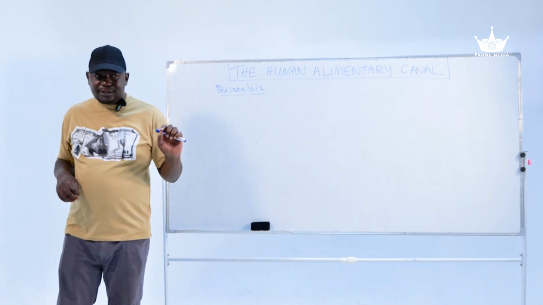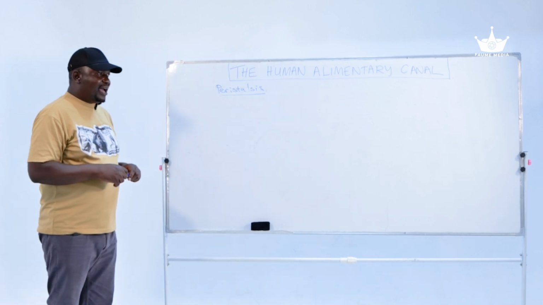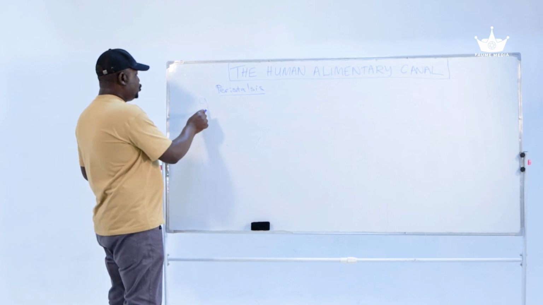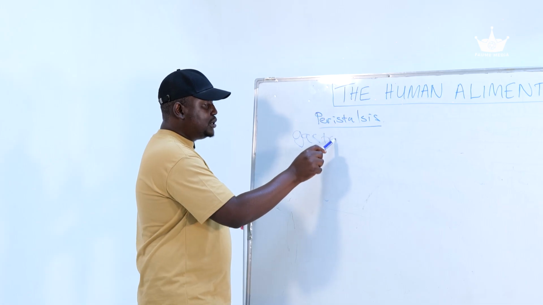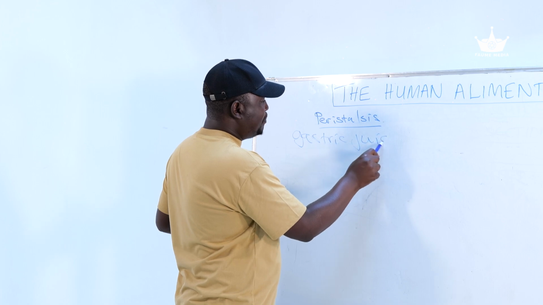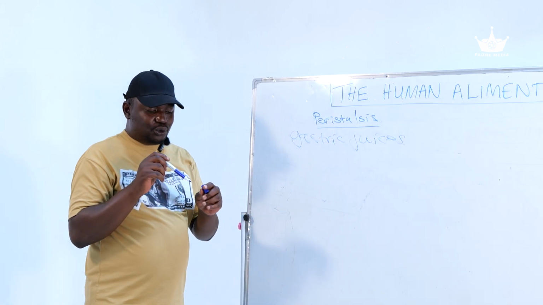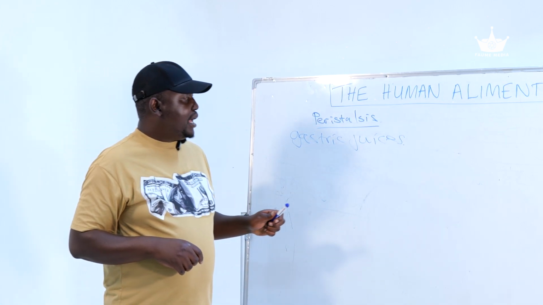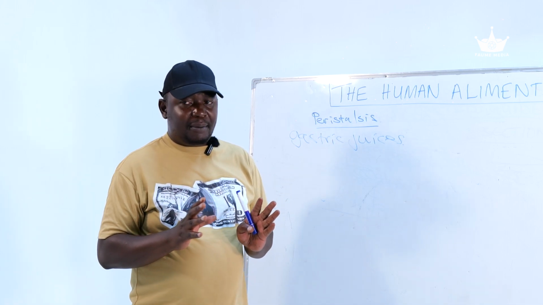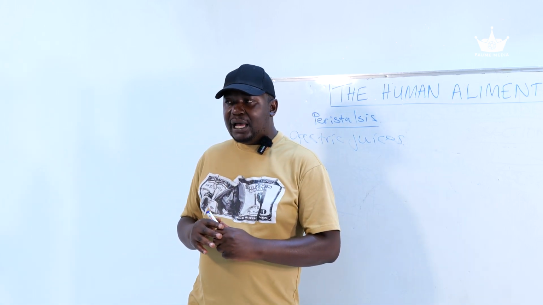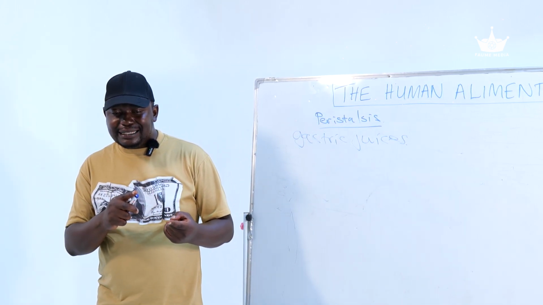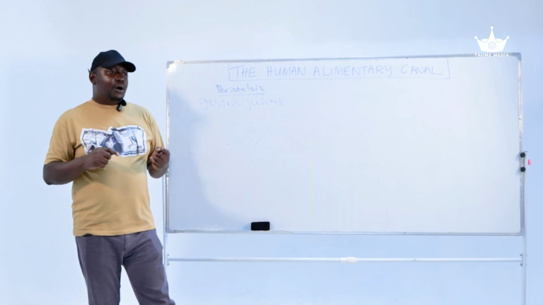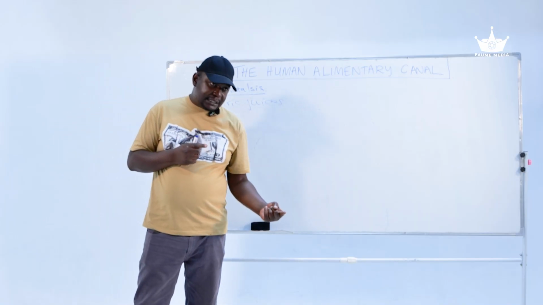So when we get into the stomach now, we have what are called gastric juices. Gastric juices are produced by the gastric pits, and they are the juices found within the stomach, and they consist of acids. We have hydrochloric acid, which is responsible for killing pathogens.